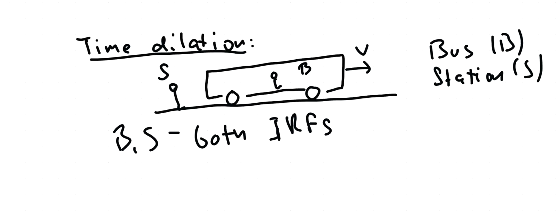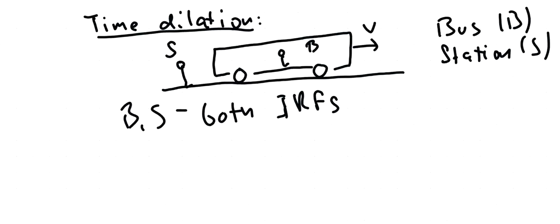Time dilation refers to the following. Suppose that there are two events which take place, and the time difference between the two events is measured by the guy on the bus and the guy at the station, i.e. in two different inertial reference frames. The statement is that the time interval measured on the bus is not equal to the time interval measured at the station.